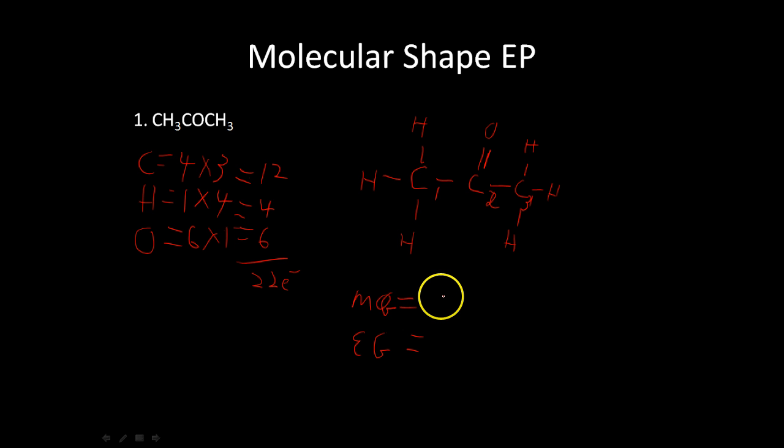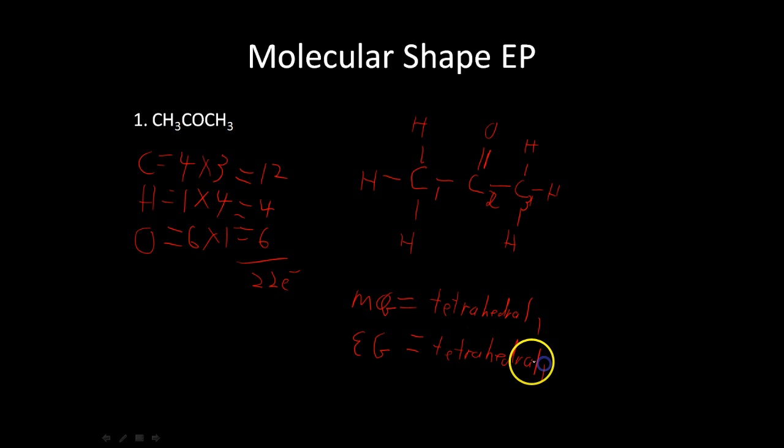Let's do EG first. Electron geometry for carbon 1 would be tetrahedral, because it has four electron domains. They're also all involved in bonding, so it'd be tetrahedral for the molecular geometry.